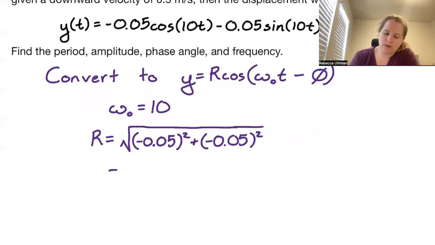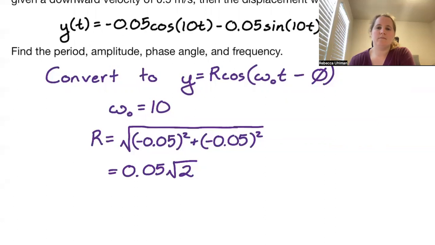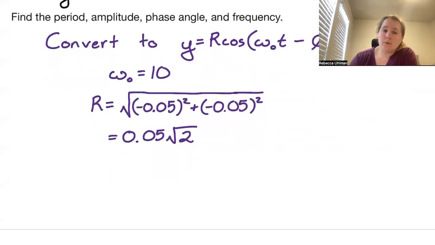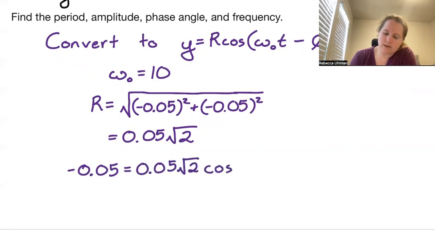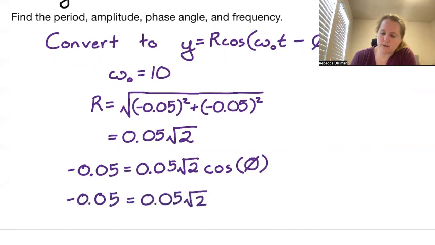So this should be 0.05 times the square root of 2. And then we have negative 0.05 equals 0.05 times the square root of 2 times cosine of phi. And negative 0.05 equals 0.05 times the square root of 2 times sine of phi.